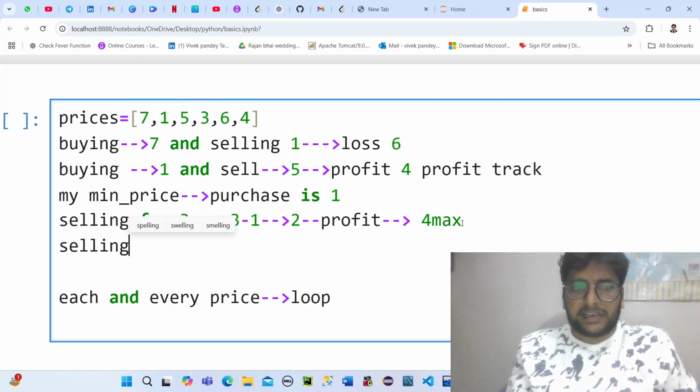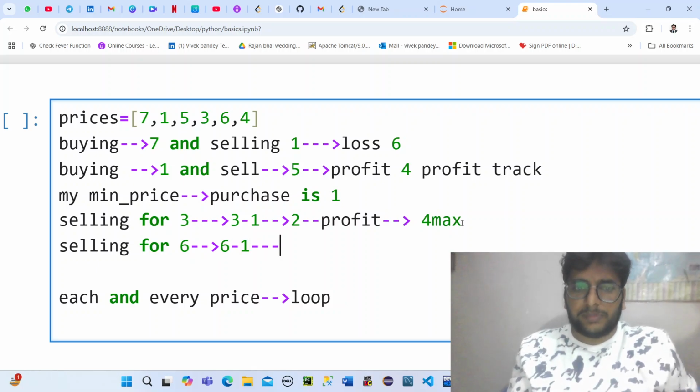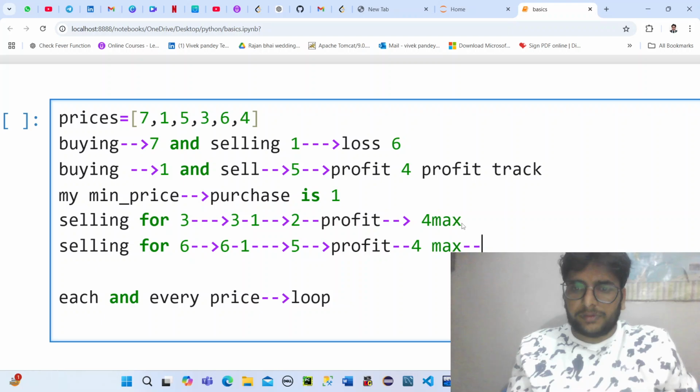Again selling for 6. Now the profit will be 6 minus 1. How much will it be? 6 minus 1, it is 5. So the profit is now, earlier it was 4. 4 is a max. Now we got an updated one. Biggest profit means maximum profit.